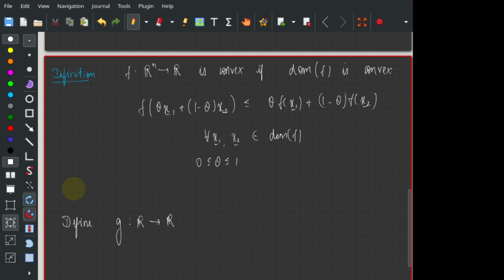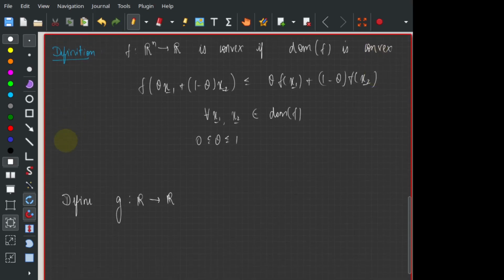So ultimately what we want is the domain of f to be closed under convex combination. Right? So for every theta between 0 and 1 and for every x1 and x2 in the domain of f, theta x1 plus 1 minus theta x2 should also be in the domain of f. That is what we demand. But that naturally implies that the domain of f should be convex, because f has to be defined in that particular set. Right?